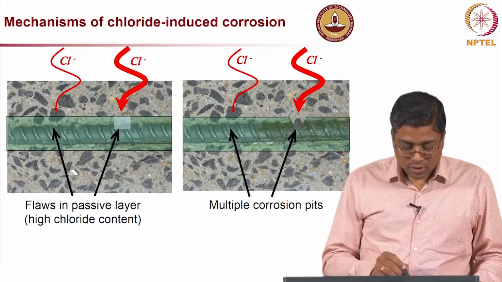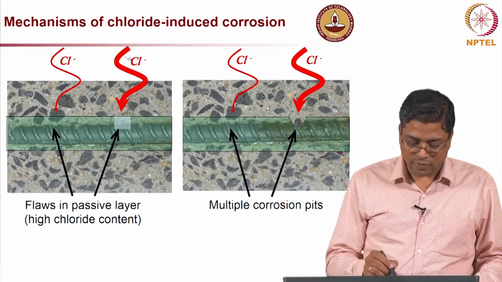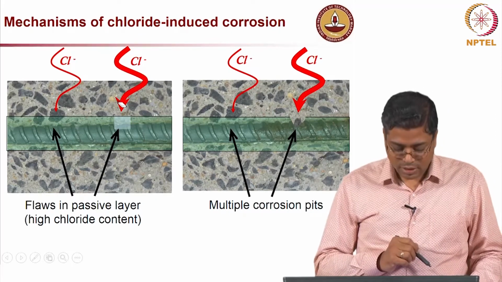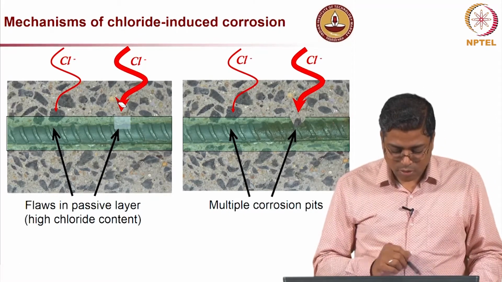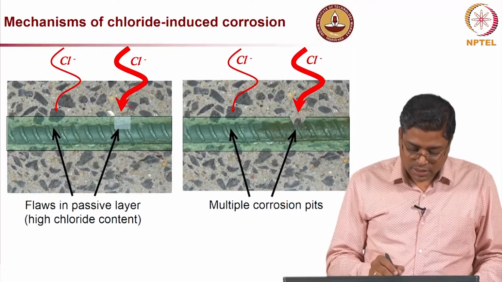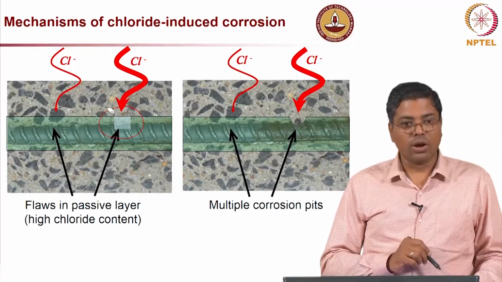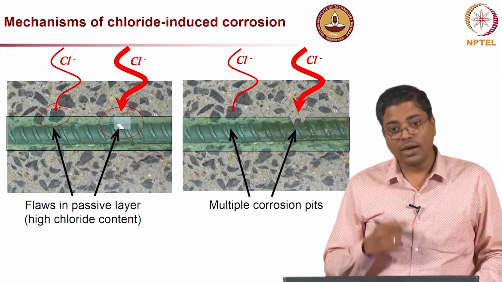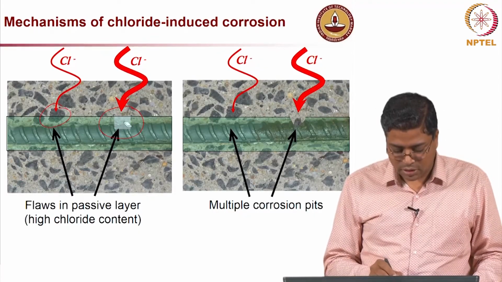For example, here if you look carefully, I have put this arrow as a thick line, thickness is more, indicating that this region might have more chloride than this region, and this will lead to an earlier onset of corrosion in this location.